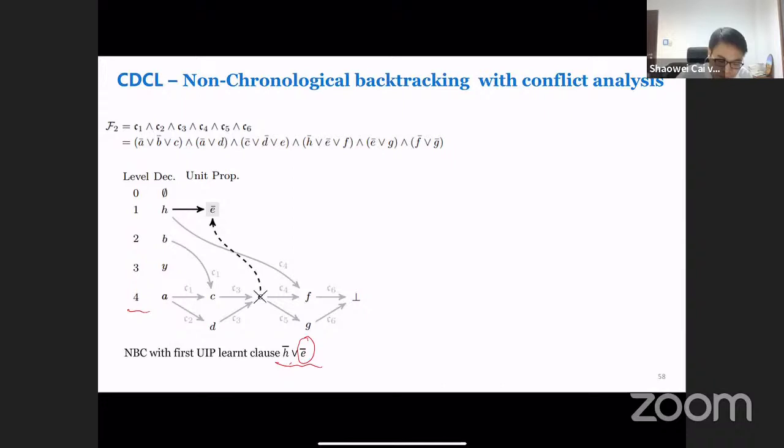So it will backtrack to the largest level of the remaining variables. In this clause, we have only one remaining literal, no H. So it will backtrack to level 1. And in level 1, together with this new clause, we quickly imply that because H is assigned true, E must be assigned false.